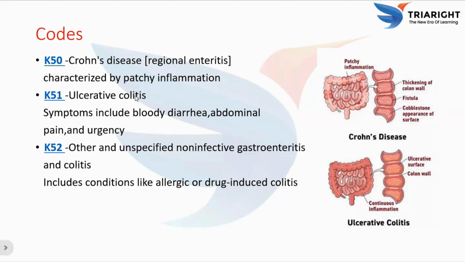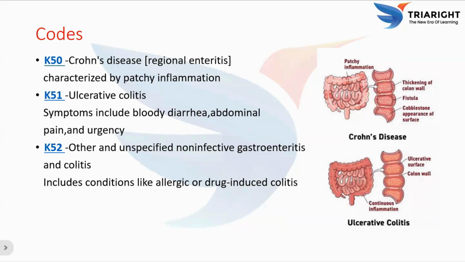So ulcerative colitis, the code K51, is a chronic inflammatory bowel disease which is limited to the colon and rectum. This inflammation only takes place in parts of the rectum and colon. The inflammation is continuous, not patchy. Crohn's disease is patchy, whereas ulcerative is continuous, as I said.